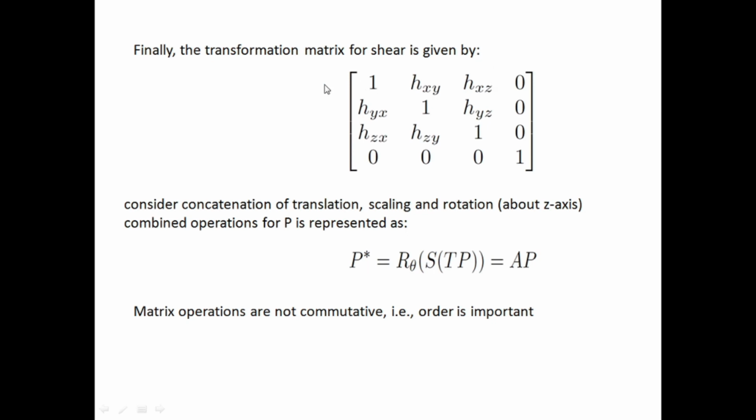It is the intersection of row x and column z. It is the intersection of row y and column x, and the intersection of row z and column x. So in this manner we get the shearing matrix, and finally the unused elements will be replaced with zeros. So this is the transformation matrix for your shearing operation.